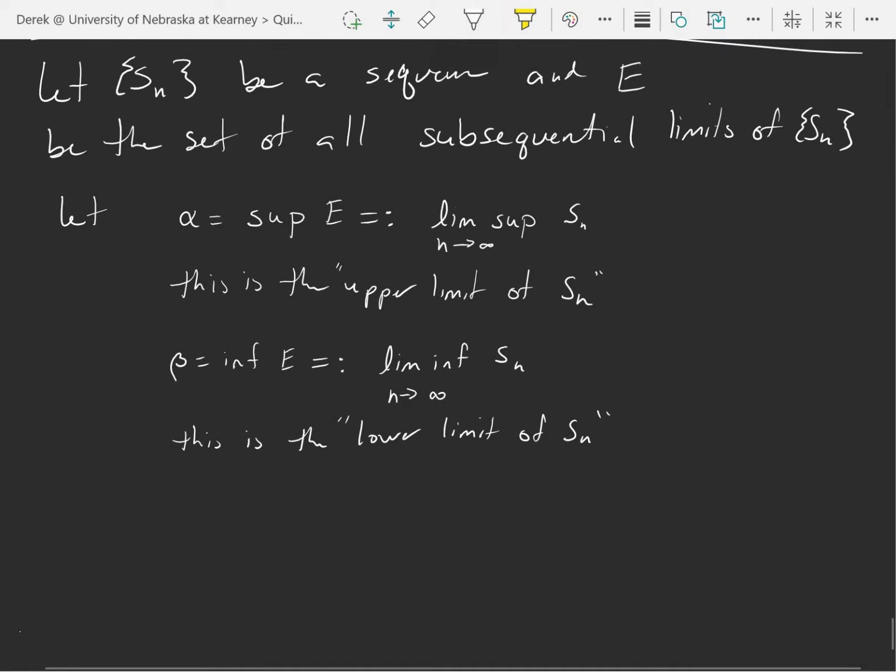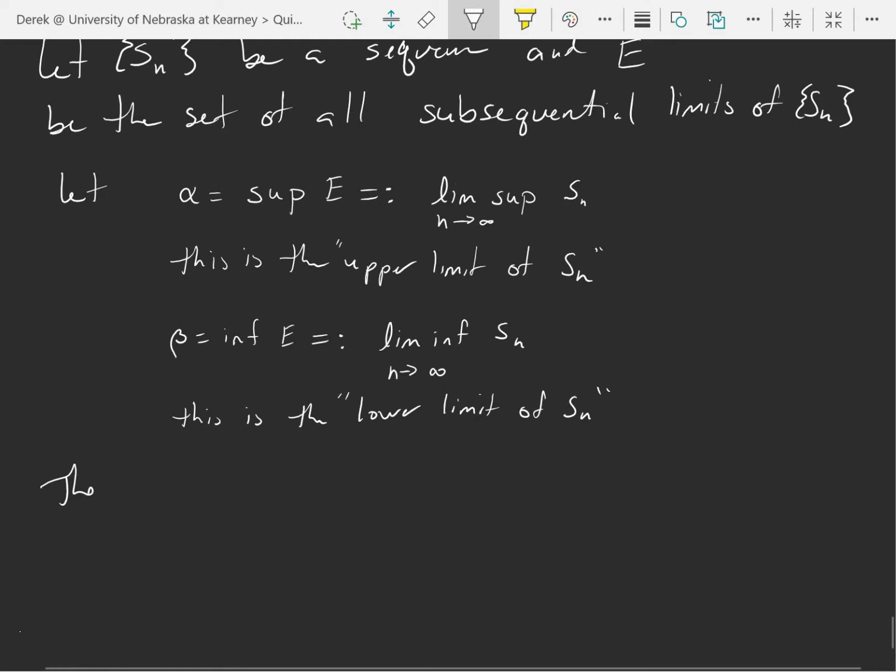Okay, so these always exist. No matter if the sequence converges or not, it has an upper limit that exists and it has a lower limit that exists.